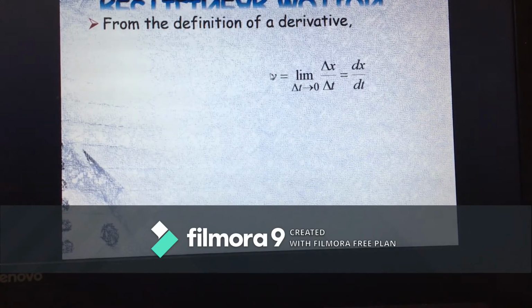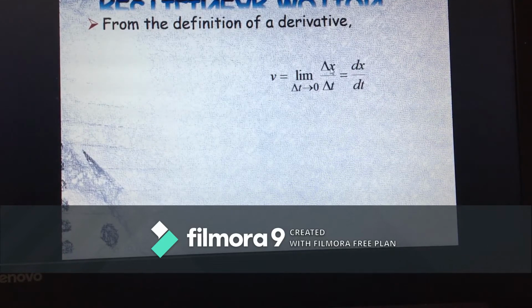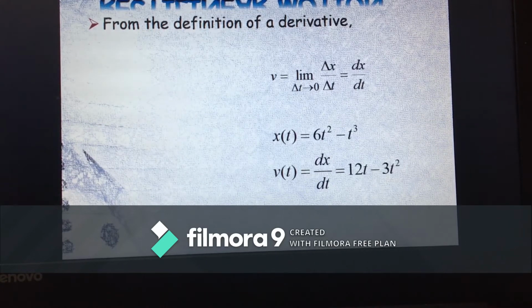Then from our differential calculus, we know that the limit of this ratio, delta x over delta t as delta t approaches 0, is just the derivative of x with respect to time. Kaya in our differential calculus, velocity is the derivative of the displacement x with respect to time. Okay, so we will use that concept in our coming discussions.